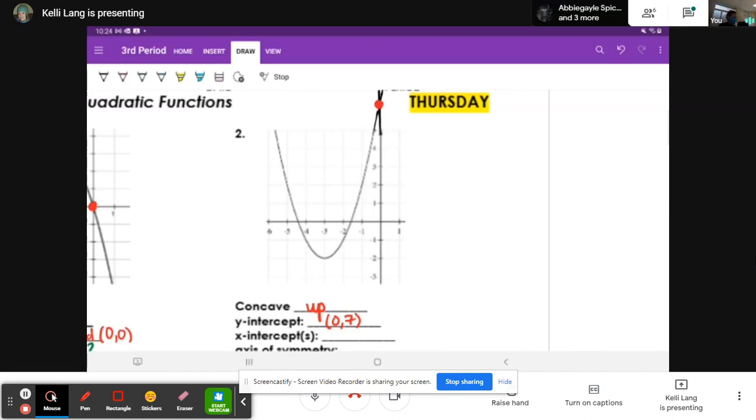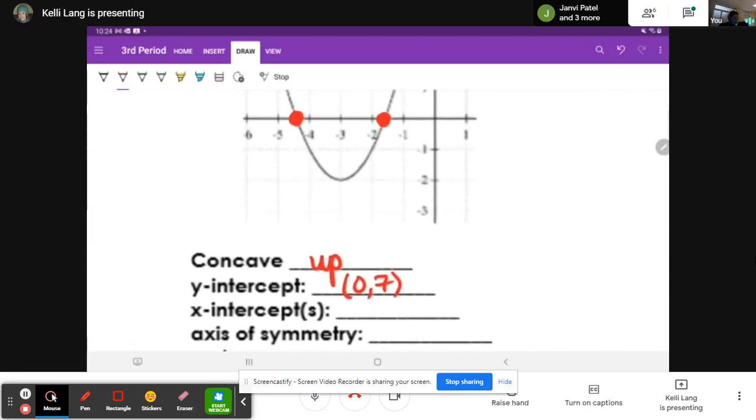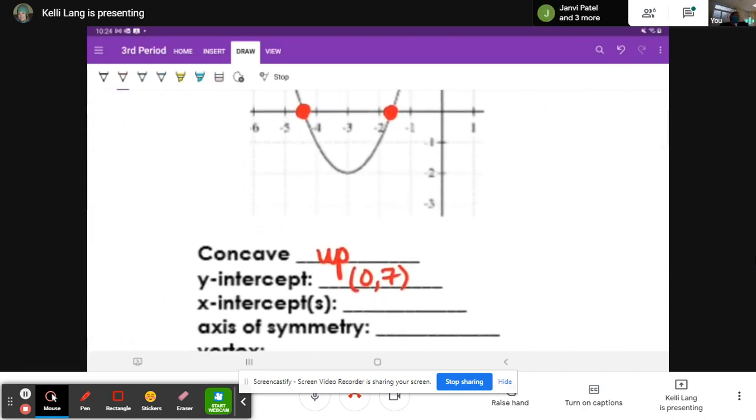Okay, next question is about x-intercepts. Our x-intercepts are the places where our graph crosses the x-axis. Again, we're going to have to estimate these because they don't cut right at an intersection. I think our x-intercepts are at about (-4.5, 0), or (-4.4, 0), somewhere in that ballpark, and then also (-1.5, 0) or (-1.6, 0).